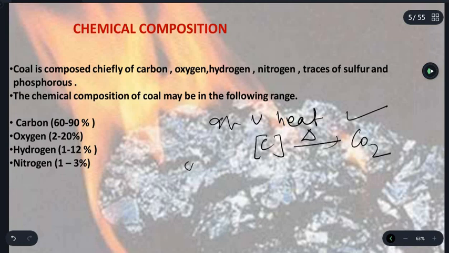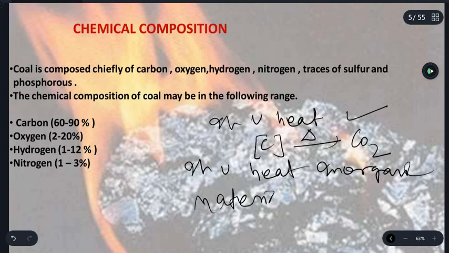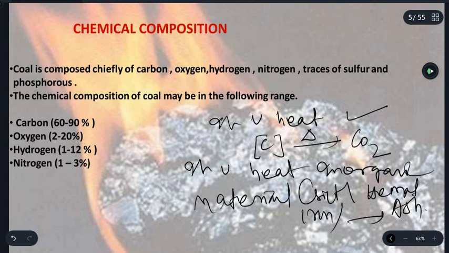If you heat some inorganic material like silt, hematite and iron, you will get ash. This is the basic concept. If you heat the carbon, you will get carbon dioxide. If you heat the inorganic material, you will get the ash content.